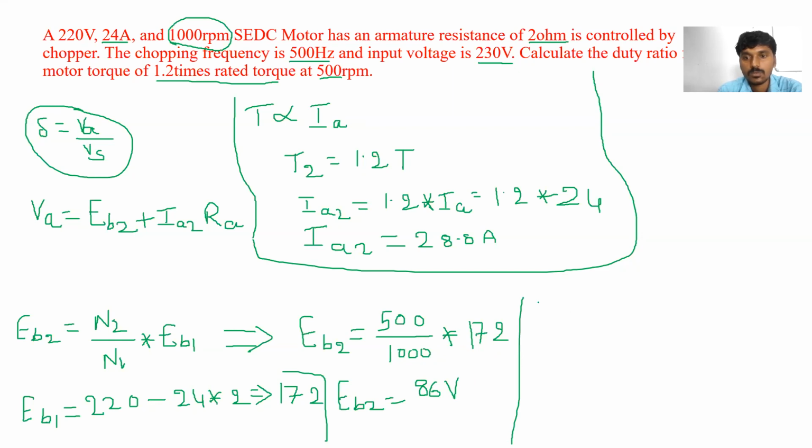So now we can easily find VA. VA is equal to EB2 plus IA2 into RA. EB2 is 86 plus IA2, which is 28.8, into RA, the armature resistance, 2.